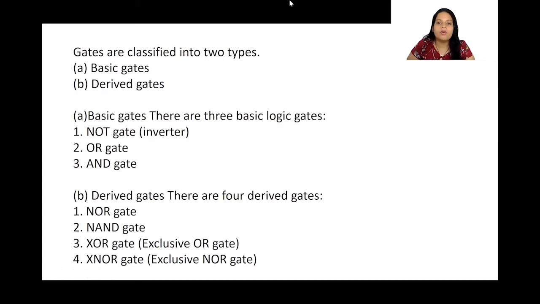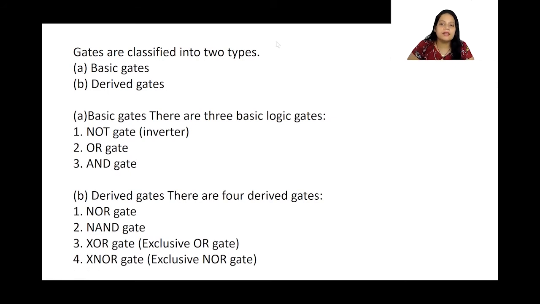So let's see what are the gates which we are going to learn in today's session. There are two types of gates: basic gates and derived gates. Like the name says, basic gates are the very basic gates, and derived gates are the ones we derive using the basic gates. They are a little bit more complicated.